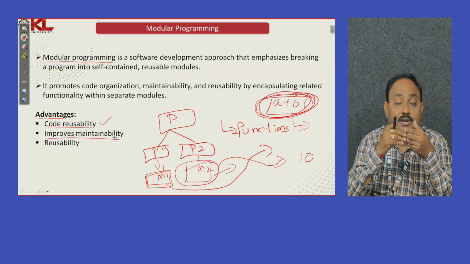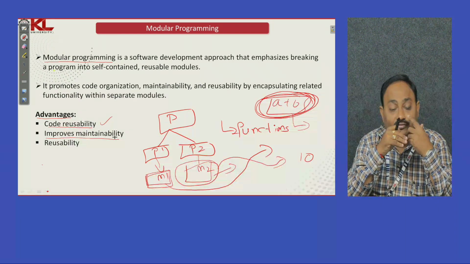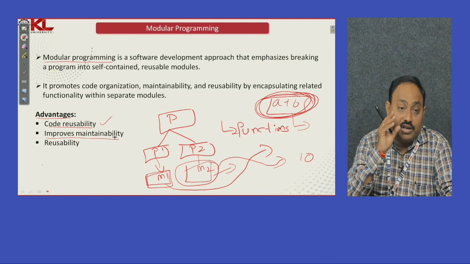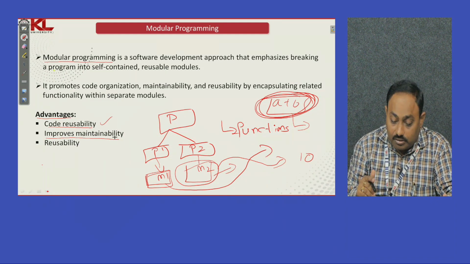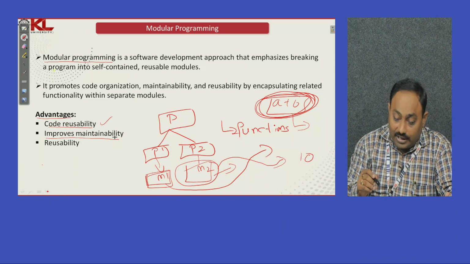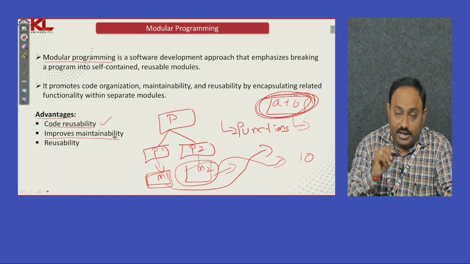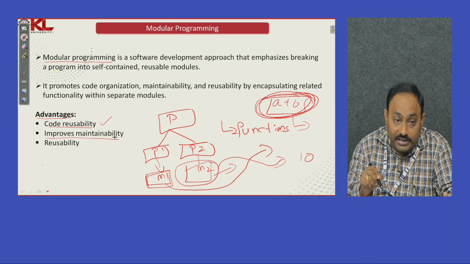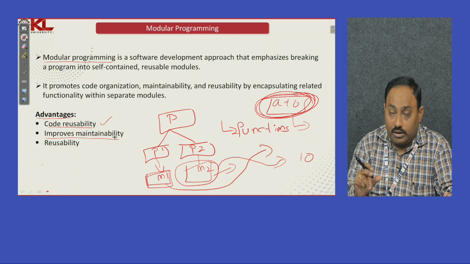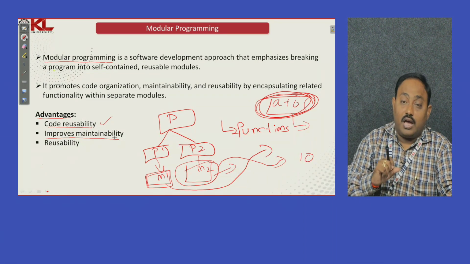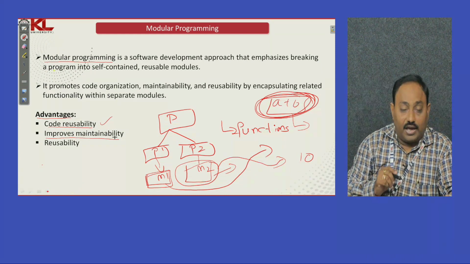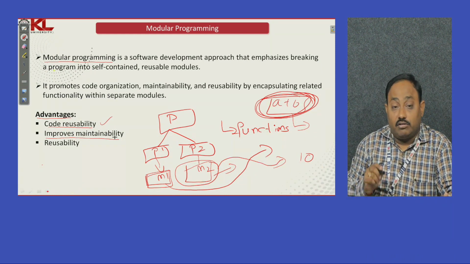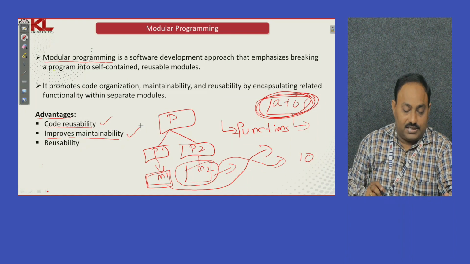It takes a lot of time and it is very difficult to identify where the mistake actually happened. If instead you follow modular programming, we can define more than one module, so that without disturbing the entire program, we can go and modify a particular module, or define a particular module. Like that, it improves the maintainability without disturbing the entire application.